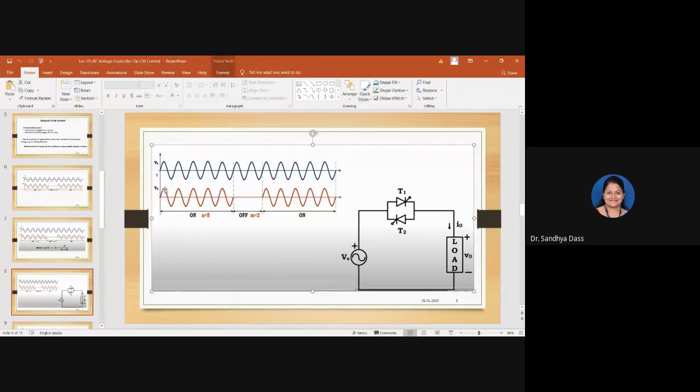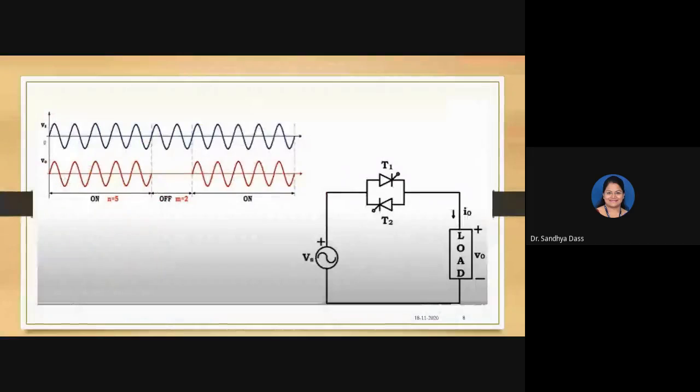If you can see this positive cycle, what does it represent? You have turned on thyristor T1, and this is the output you are getting, which is nothing but the supply following at the output, right? And what if the thyristors weren't there? That is a different application.